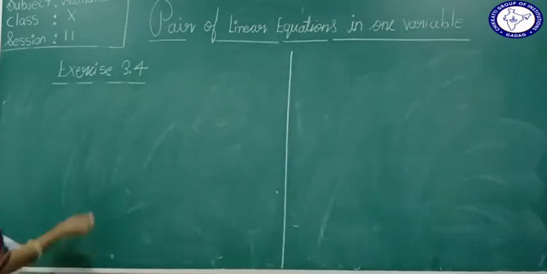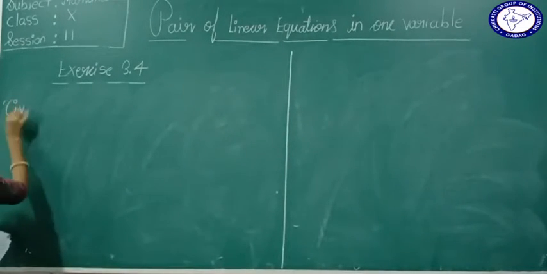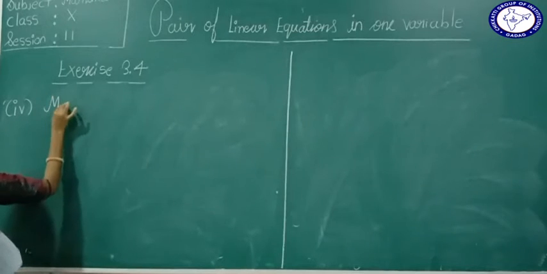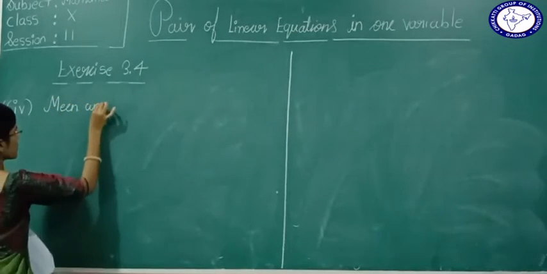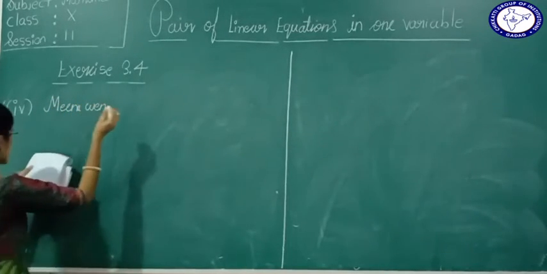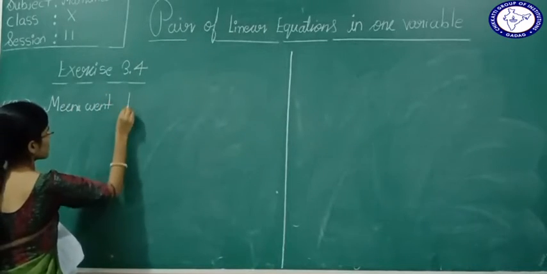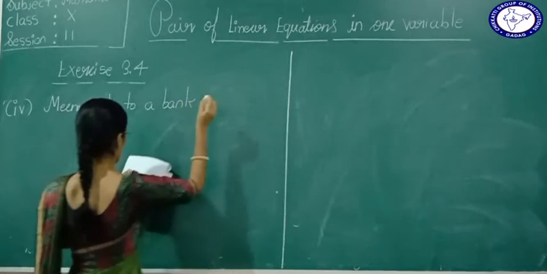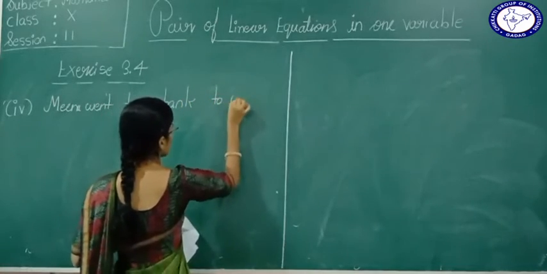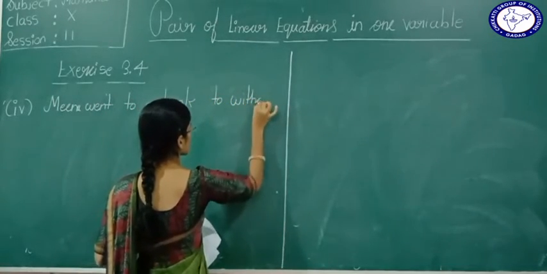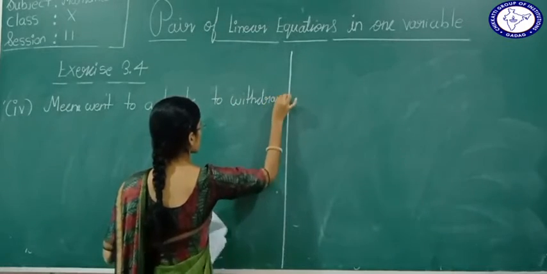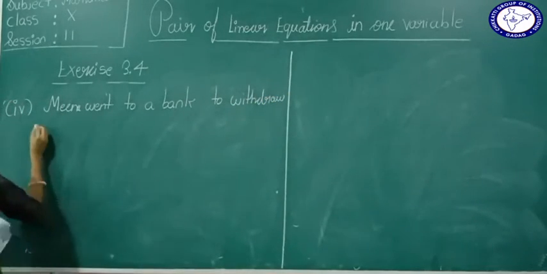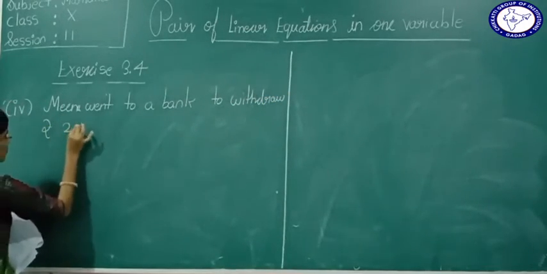See the fourth question. Meena went to a bank to withdraw rupees 2000.